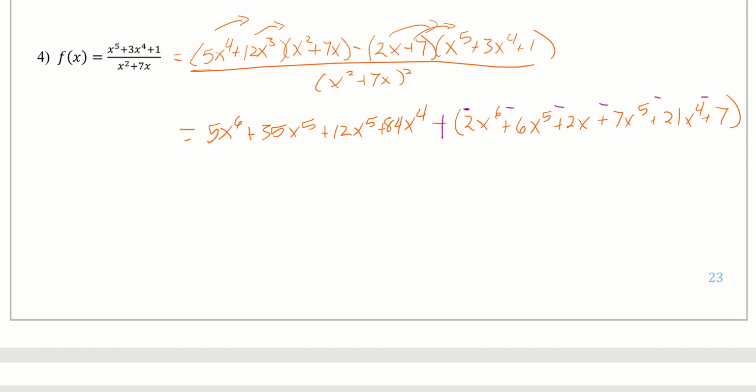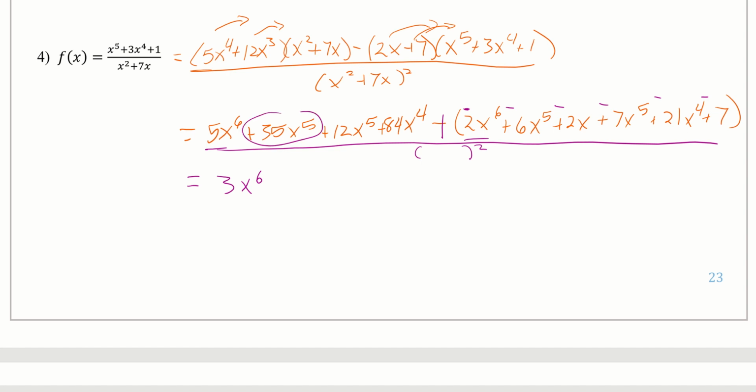Holy smokes. Okay, and so let's be careful when we're going through. Always look for the biggest exponent. So it looks like the 6th here. So I've got 5 minus 2. So we should have 3. Oh, I forgot all of this. If you notice, I kind of do a shortcut, do that squared, just so I don't forget about it though. Okay, so this should be 3x to the 6th.